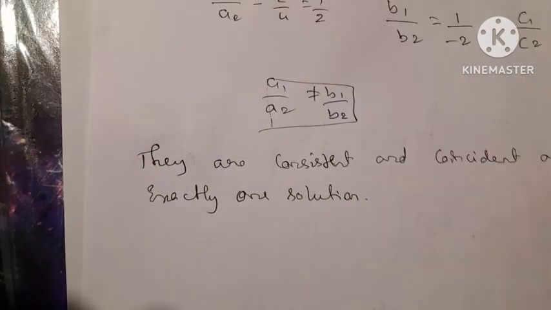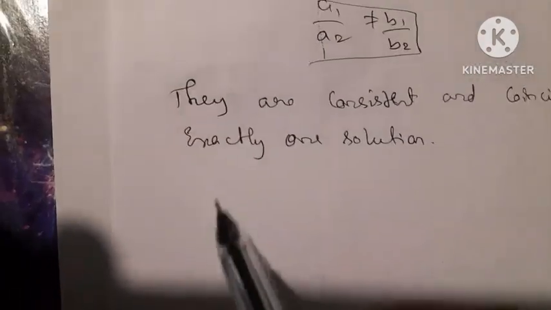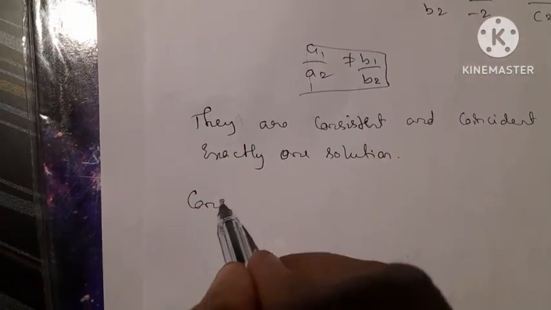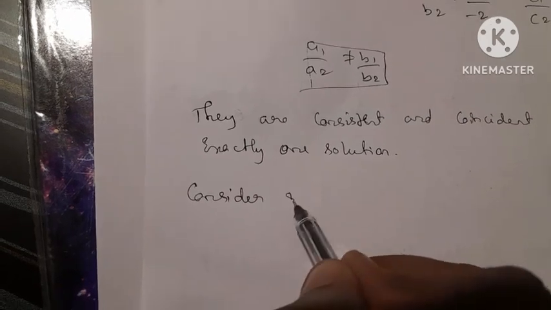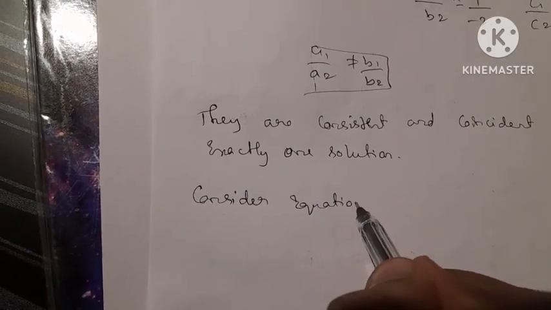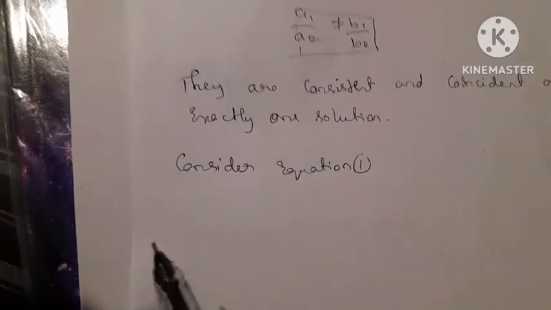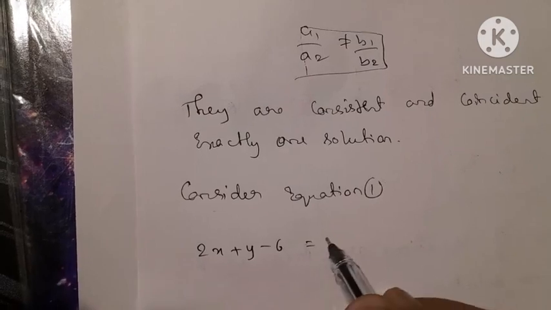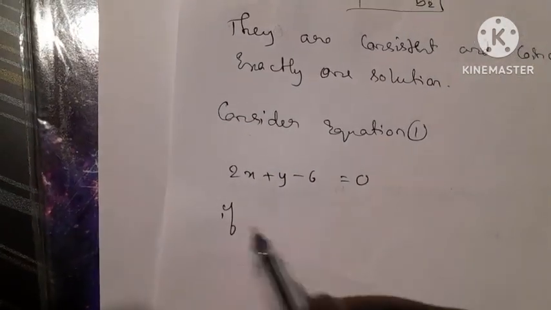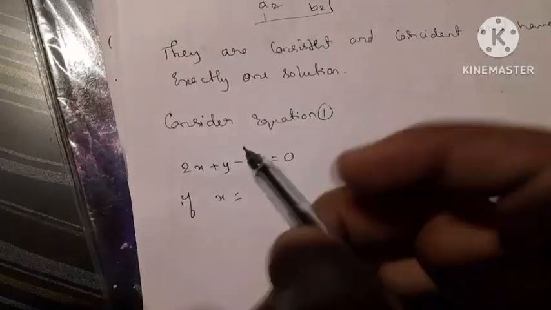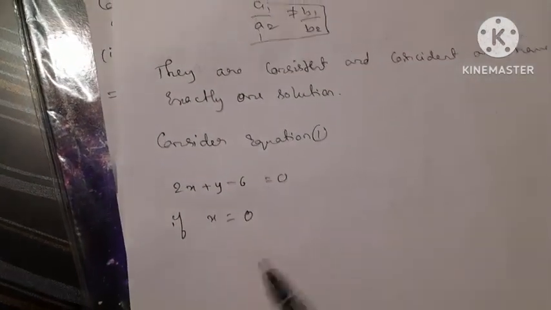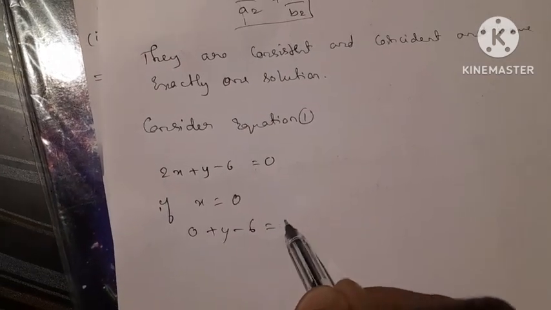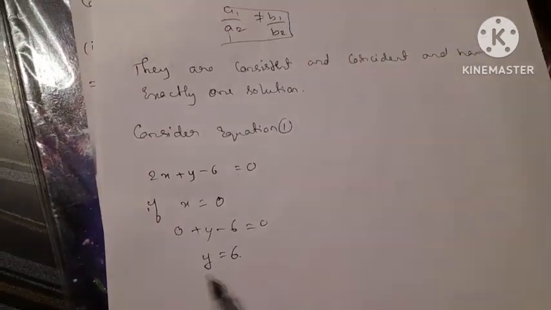If we want to find out what the solution is, for that we need to plot the graph, where we need values. Consider equation 1, 2x plus y minus 6 equal to 0. So if x is equal to 0, what will be the y value? So 0 plus y minus 6 equal to 0, y will be equal to 6.